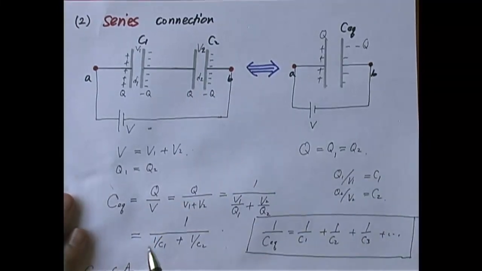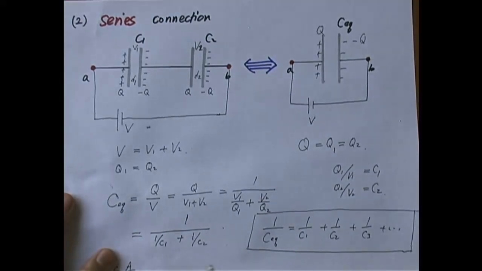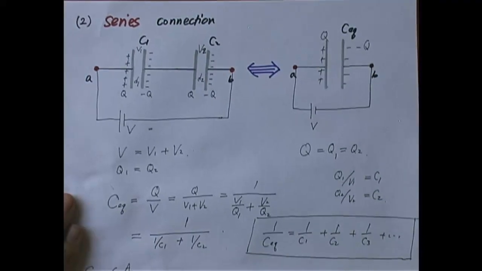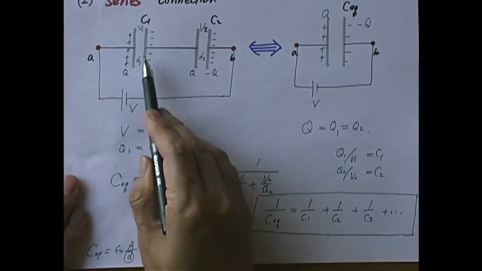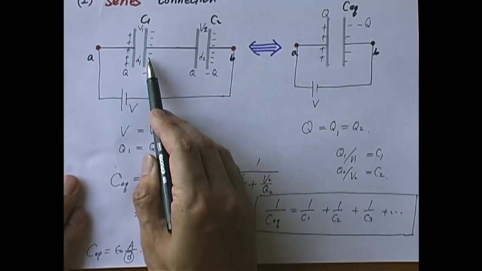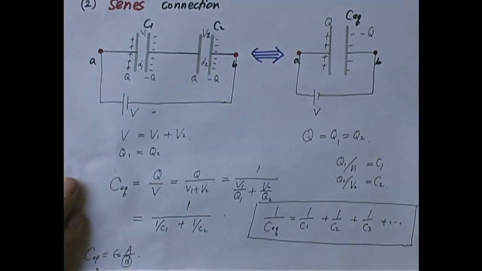So the reason why we're getting a smaller capacitor is because you're increasing D. In the parallel case, you were increasing A, which increased the capacitance, but now you're increasing D, the gap between the positive and negative terminal, and therefore you are decreasing the capacitance. That is the qualitative understanding of why you're getting a smaller capacitor by connecting everything in series.